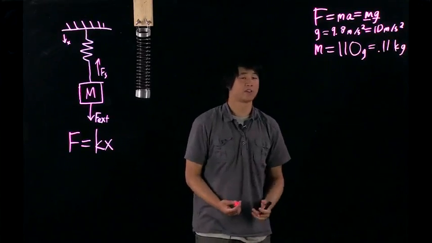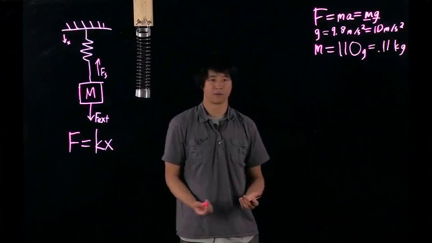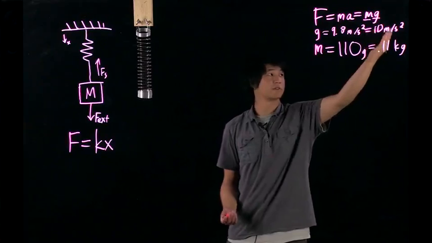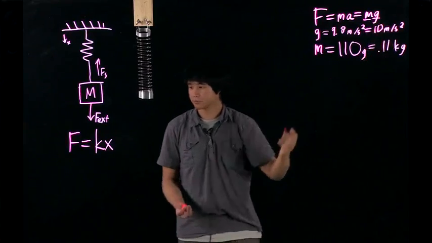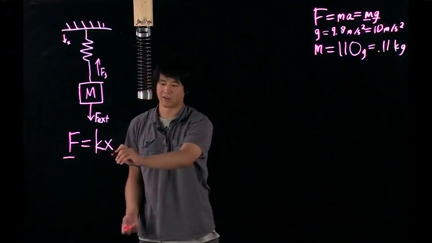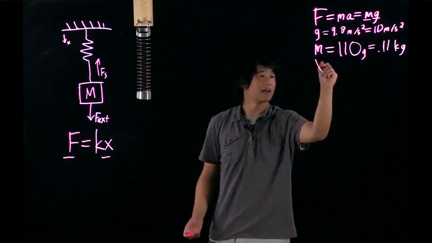Now, as a side note, it's always good to have your units consistent. I'll be using SI units, which are meters, seconds, and kilograms. So now we know what F is, and we need to know what x is.